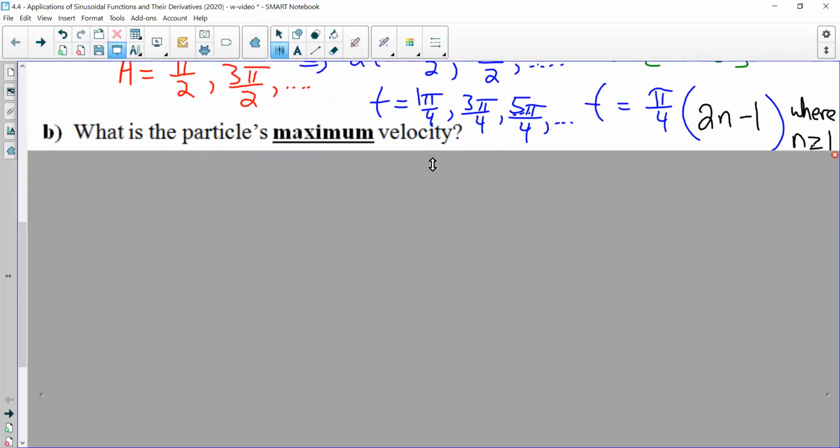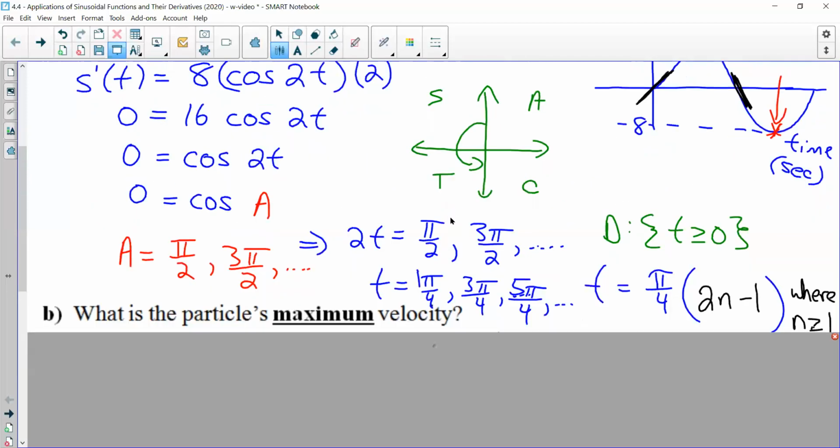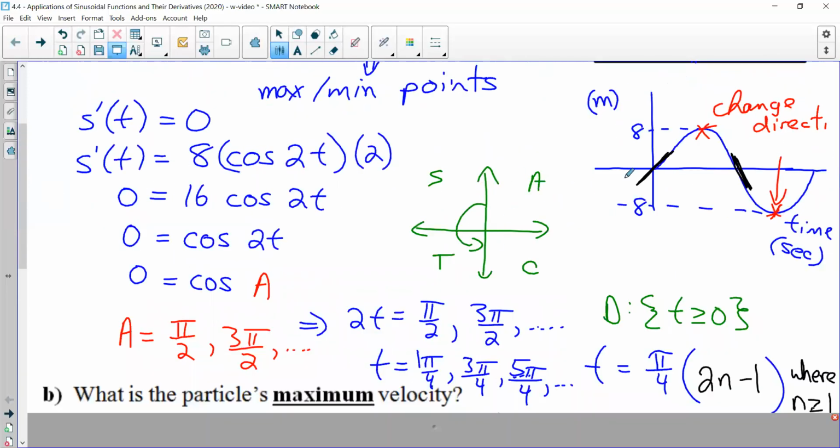All right, so in terms of the maximum velocity, here you've got to be careful because the word maximum can be a little tricky, but this is maximum velocity. So you've got a couple of ways of looking at this. We took a look at some rates of change. Your rates of change for a maximum would occur at these special points, called points of inflection.